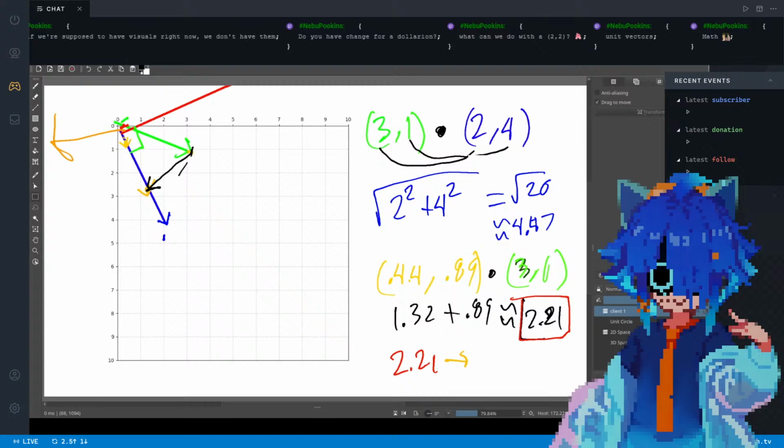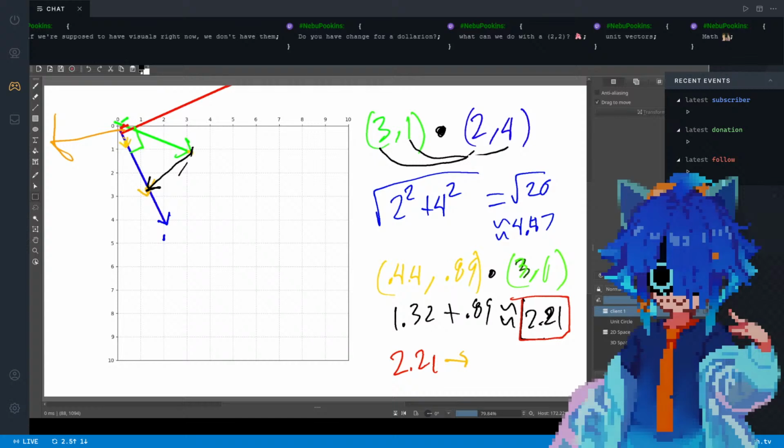So the dot product of a vector and a normal vector represents the length of that vector in the direction of the unit vector. Okay, so we can use a dot product to project a vector onto another one.